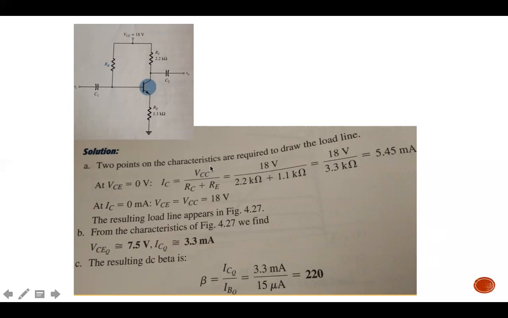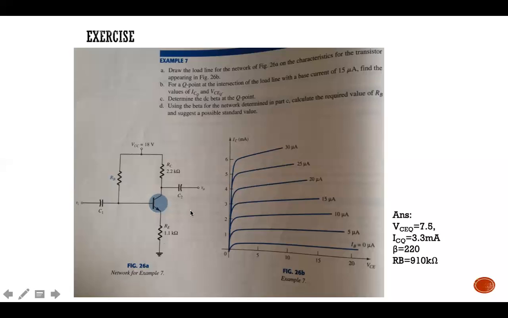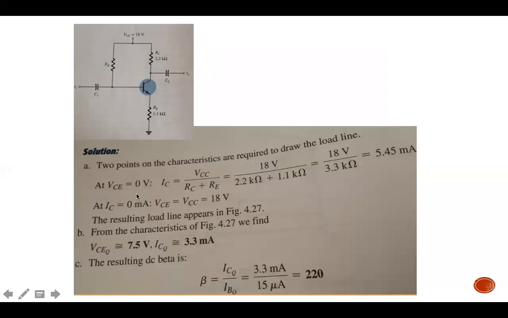Two points on the characteristics are required to draw the line: the first one is VCE at 0, and the other is when IC is at 0. When VCE is 0 volt, you can determine the IC saturation. When VCE equals 0, IC equals VCC divided by RC plus RE. This was already derived in the previous slide, so you can refer back or just remember this.